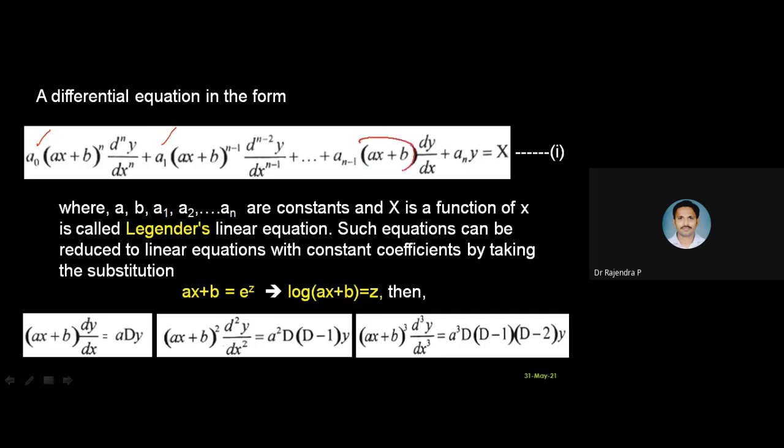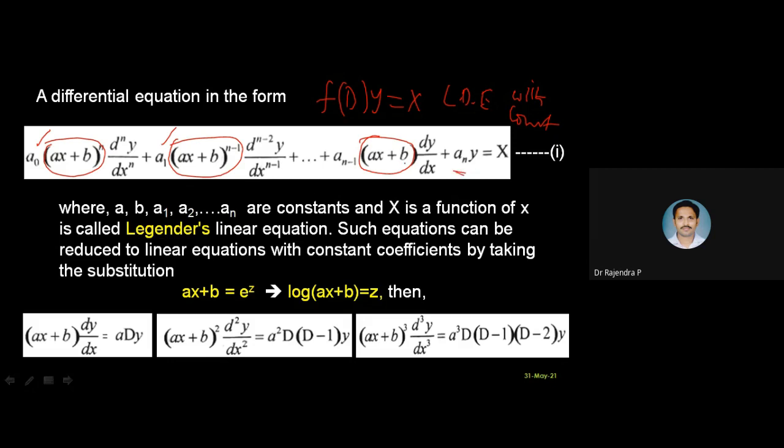This variable coefficient was not there. In our previous standard form, f of D into y is equal to x, this is called a linear differential equation with constant coefficients. That time we had only constants, a naught, a1 up to an, all constants.